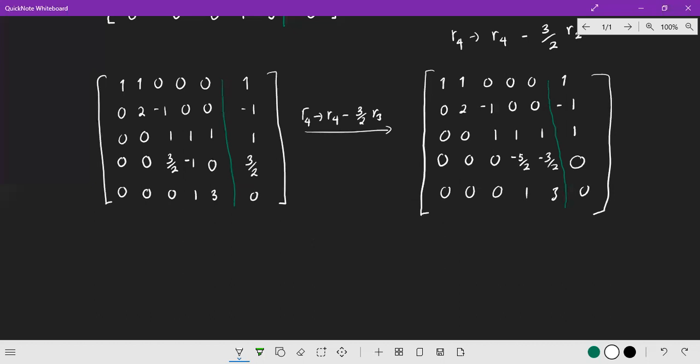All right. Now the next thing, we're almost there. So this now becomes our next pivot. So that is our next pivot. We notice that we have to change this row 5. So we can write the operation again for row 5. Row 5 becomes row 5 minus 2 over 5 times row 4.